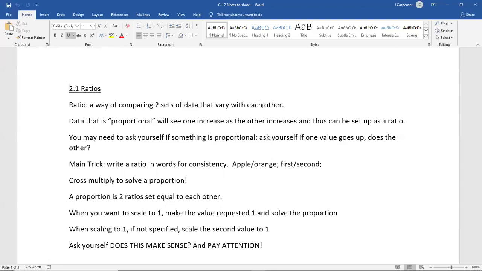Okay, so chapter 2, chapter 3, and chapter 4 are going to be very, very focused on something called ratios and proportions. This very simple idea is seen all over our world, everywhere.